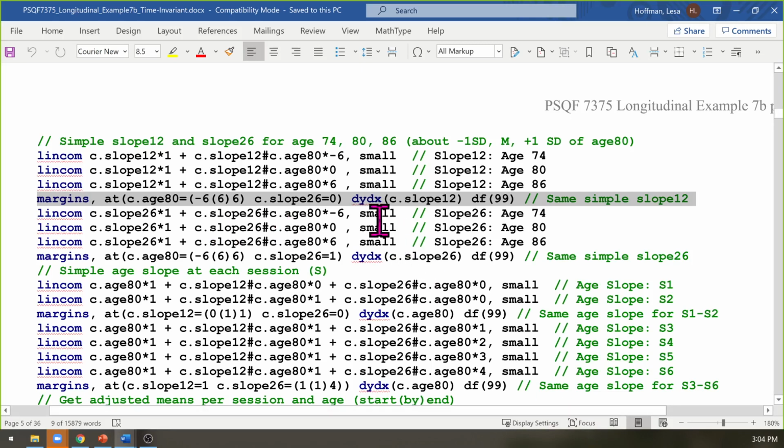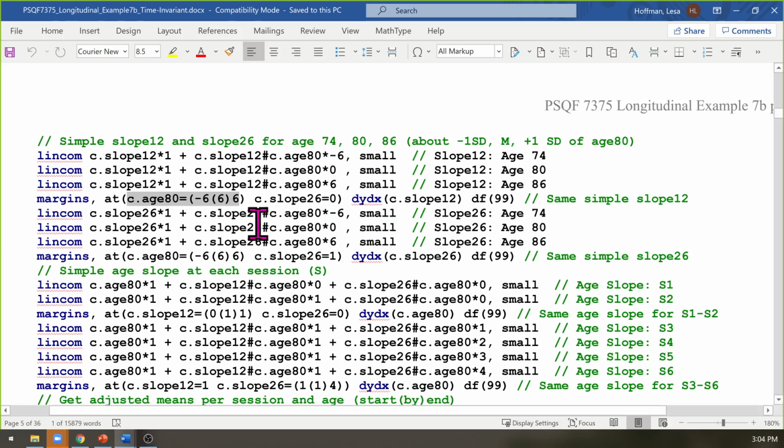So I am asking for the simple slope of slope 1, 2 over a range of values for age, where the first number is where the range starts, so start at -6. The second number is the increment, so increments of 6. And the third number is where you end. So start at -6 in increments of 6 up to 6 gets you -6, 0, and 6 in one line of code.